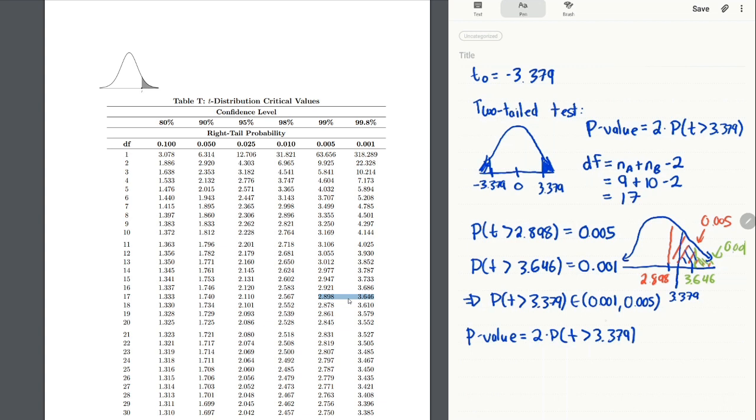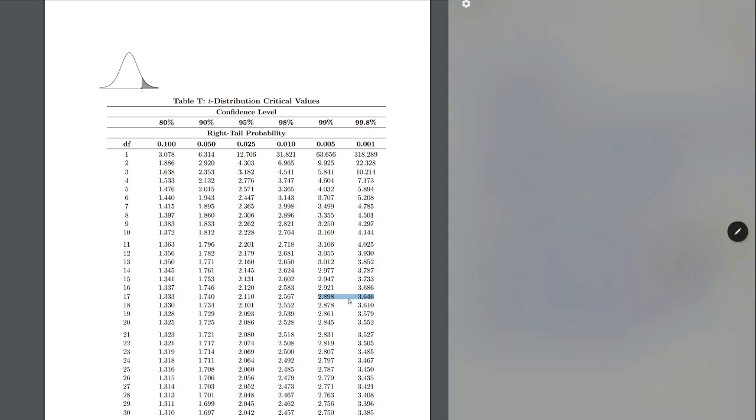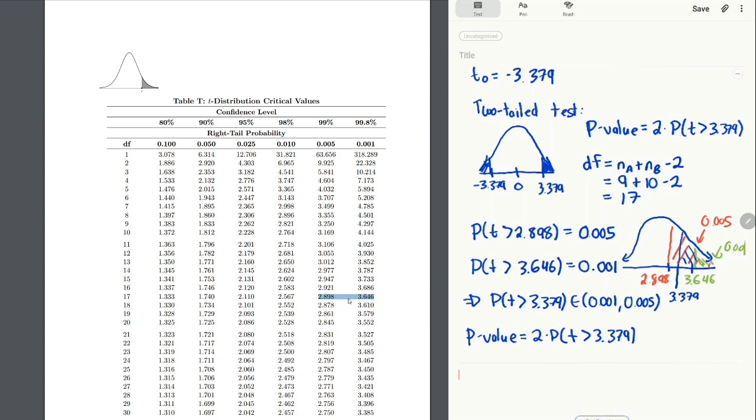And since we know that the area to the right of 3.379 is between 0.001 and 0.005, then the p-value will fall in between 2 times that interval, which means it will fall in between 0.002 and 0.01.